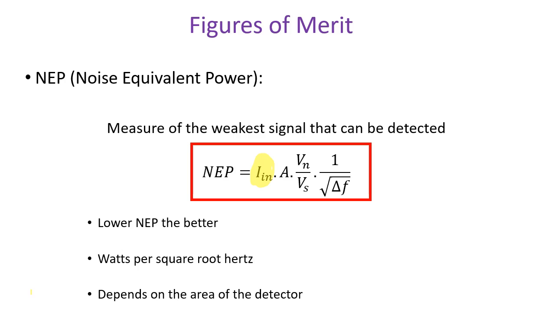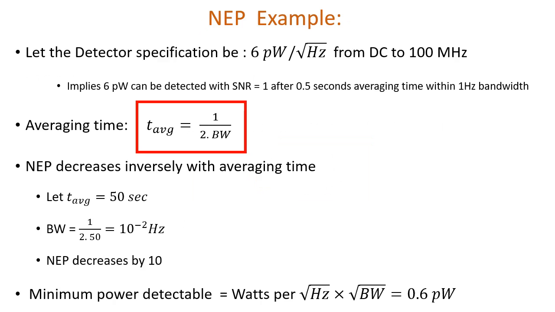The next slide gives you the example of this noise equivalent power. So for example, let the detector specification be such that it says that it is 6 picowatts per square root hertz, and it can go from DC to about 100 megahertz, which is the kind of range it can detect.